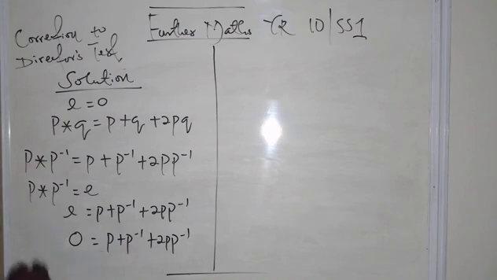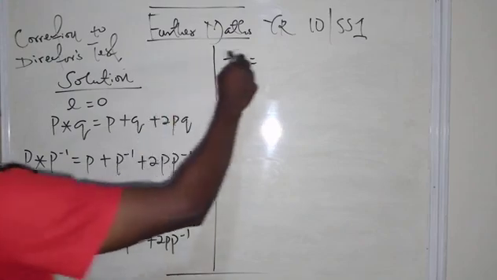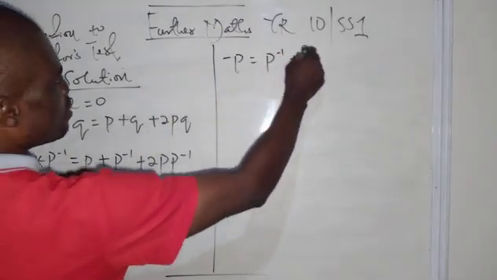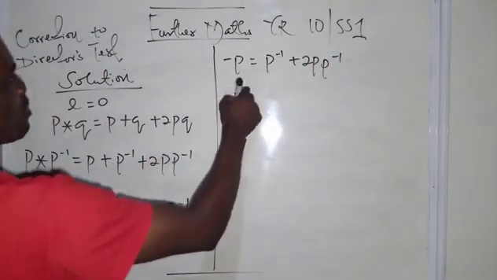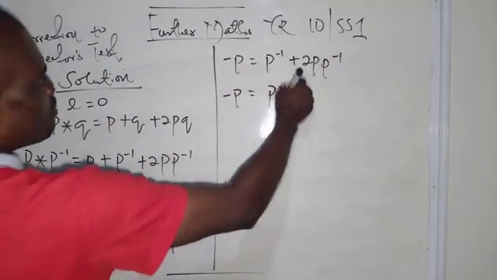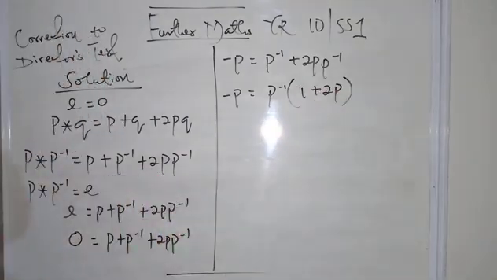Now we bring this one here. Minus P will be P inverse plus 2P P inverse. Minus P is, P inverse is common, 1 plus 2P.